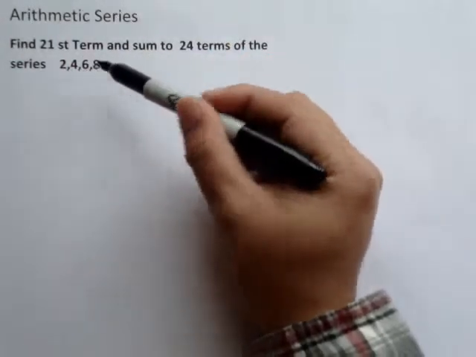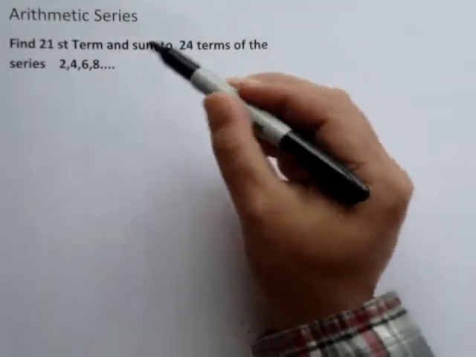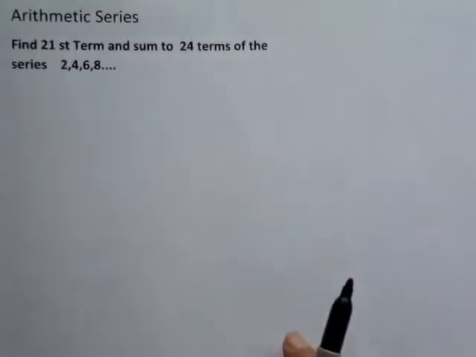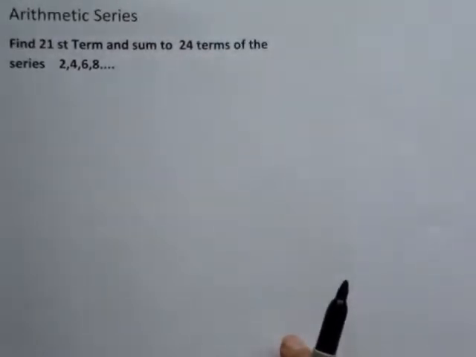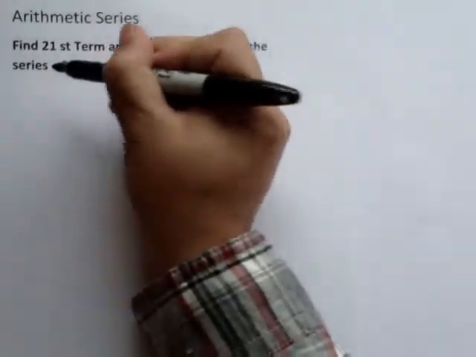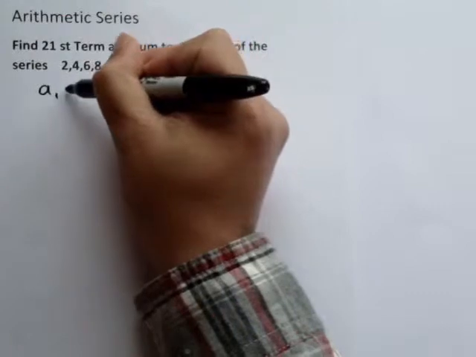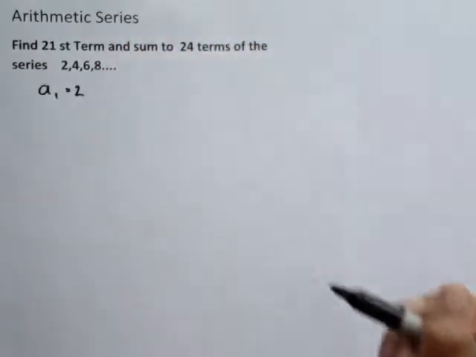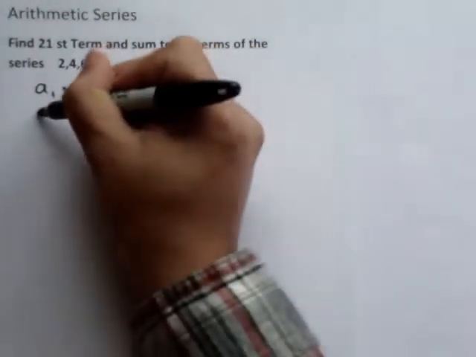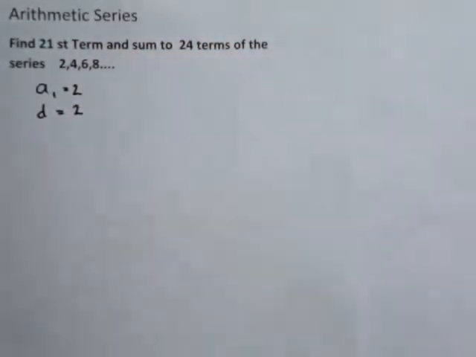So 4 minus 2 is 2, 6 minus 4 is again 2, so that shows that there is a common difference, and this is an arithmetic series. Now the first term, a sub 1, is 2, and the common difference, as we just discussed, is also 2.